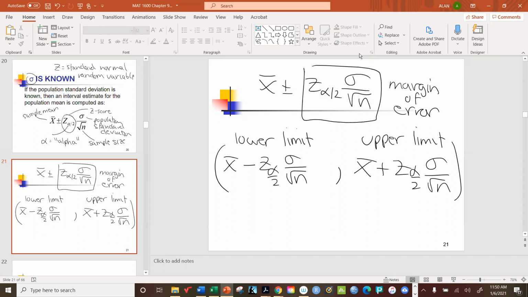So in other words, the formula that you're seeing on the top is a shorthand way of expressing what we see in the bottom. We have a lower limit to this interval, we have an upper limit. And the difference between the two is whether we add or subtract the margin of error. Okay, so remember this is my margin of error.